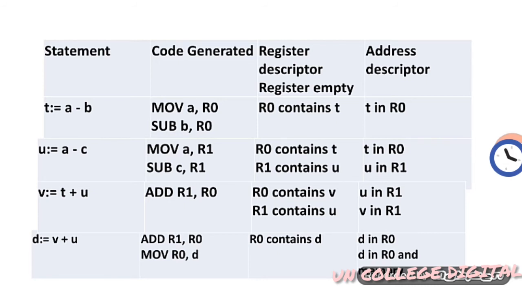It means that we have to move the result to memory, where the memory location contains the d variable, and for that reason we move the r0 value to d. In this way the target code is generated for the statement d equal to a minus b inside the bracket plus a minus c inside the bracket. I hope you have got a basic clear concept of target code generation.